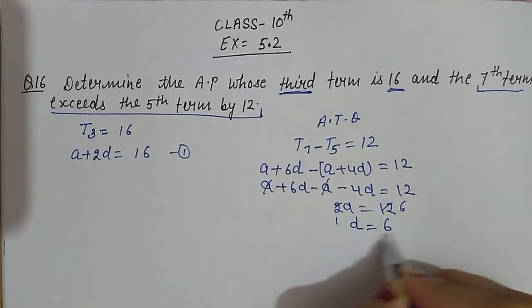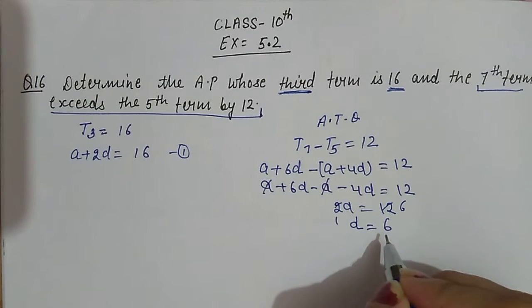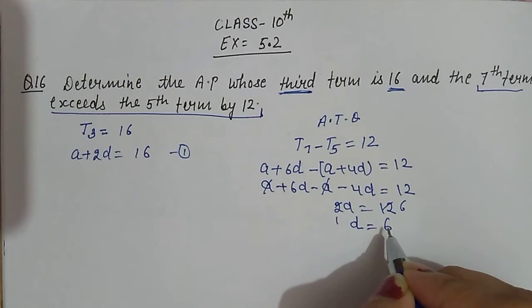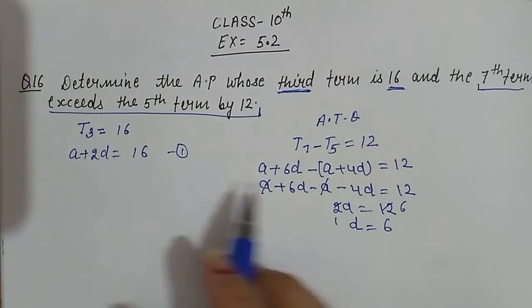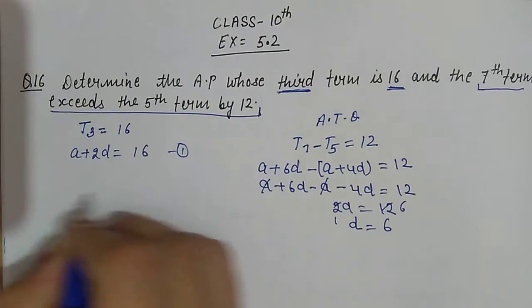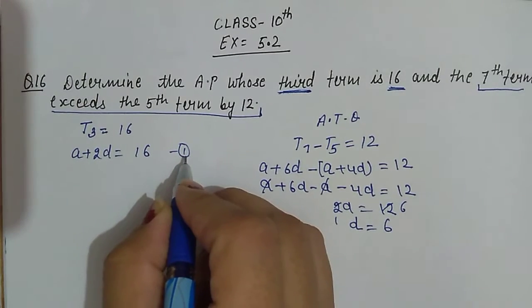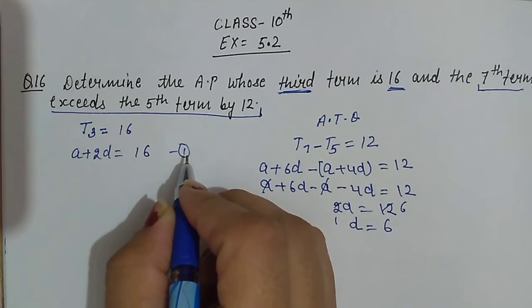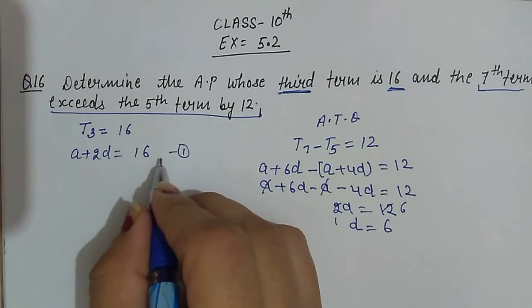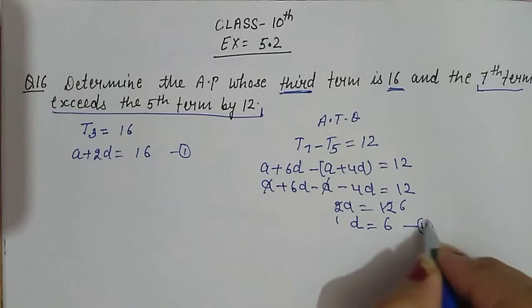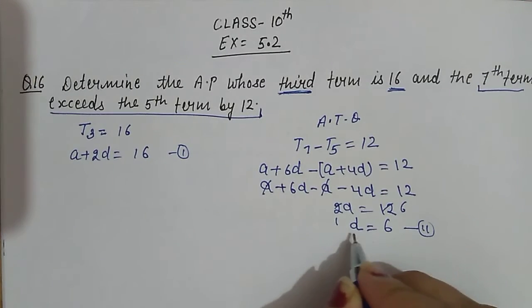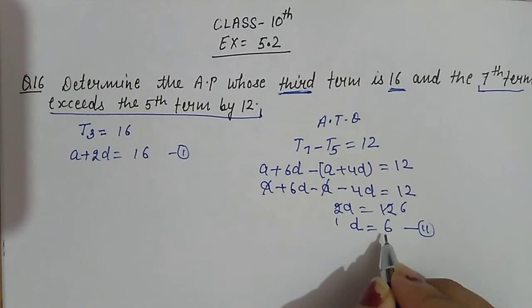Now we got the common difference. With the help of this, we can find our first term, that is A. This one is the first equation, where A plus 2D is equal to 16, and now we have already found D is equal to 6.